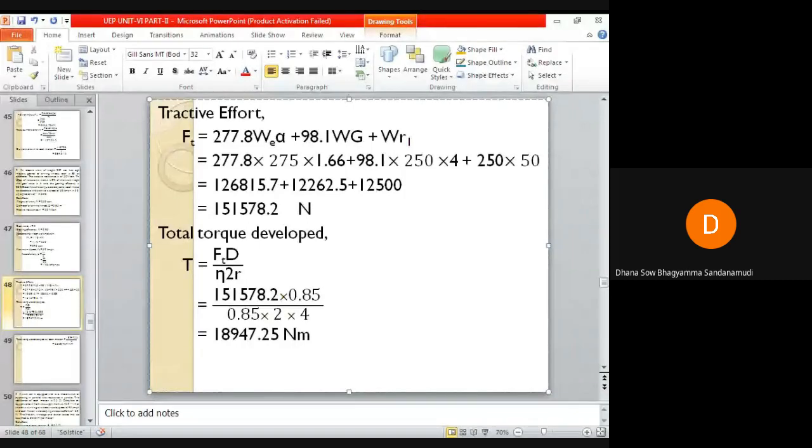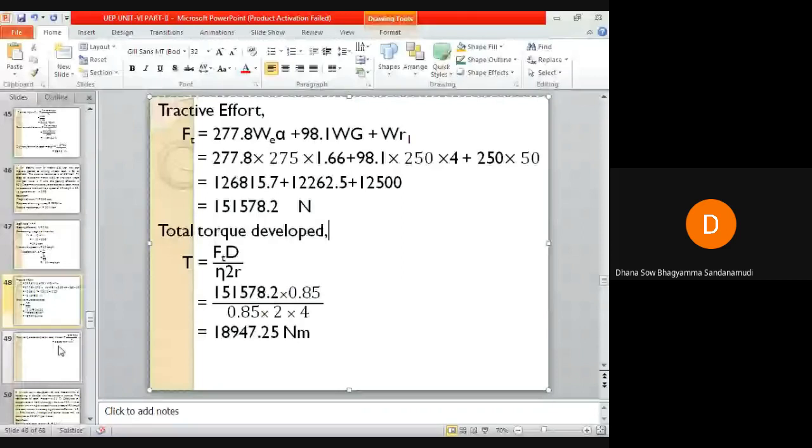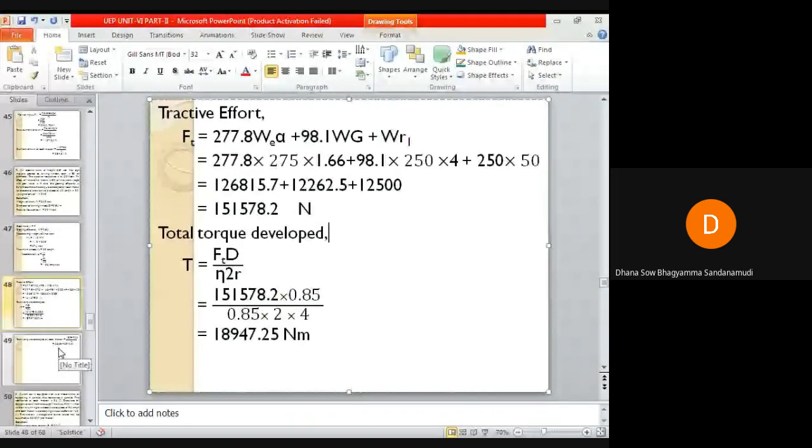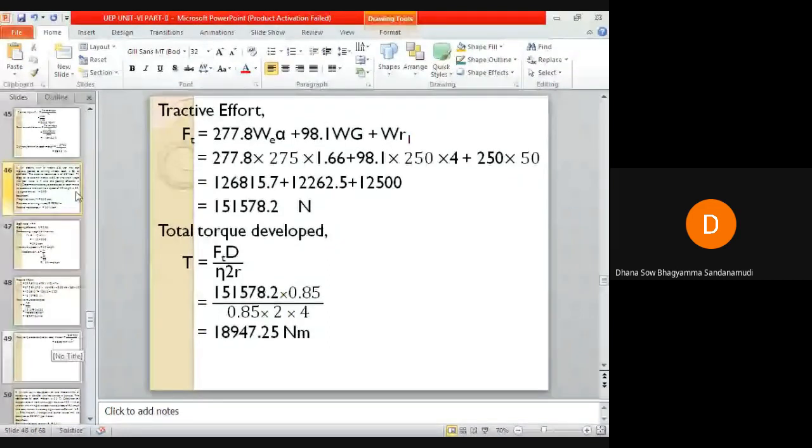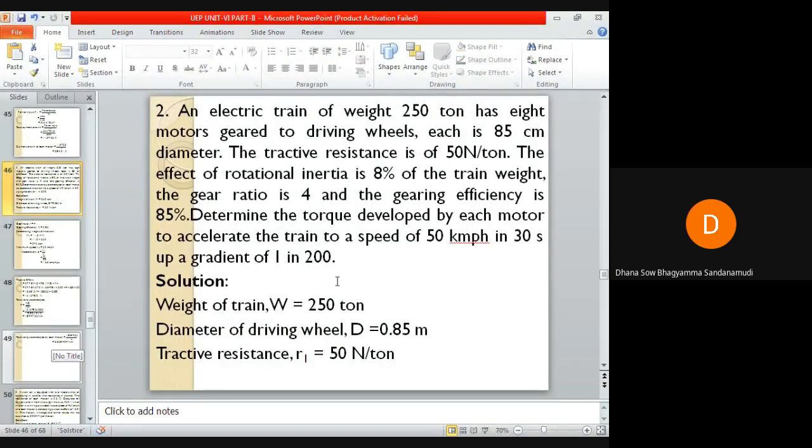Okay, very good. Now we know the total torque developed by the train, so you can determine the torque developed by each motor of the train. Total torque developed by the train means the total torque developed by all the motors of the train. The torque is developed in the motor.